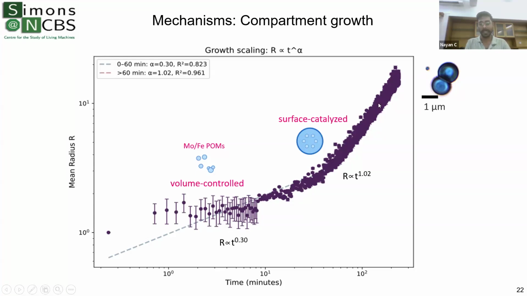And then the growth process seems to be R almost proportional to T, which points towards a more surface catalyzed mechanism for the growth of these micron-sized spheres. So starting from nucleation and then growth seems to have slightly different mechanisms, which is compatible with the chemistry that we are working with. So that is about the function of growth.